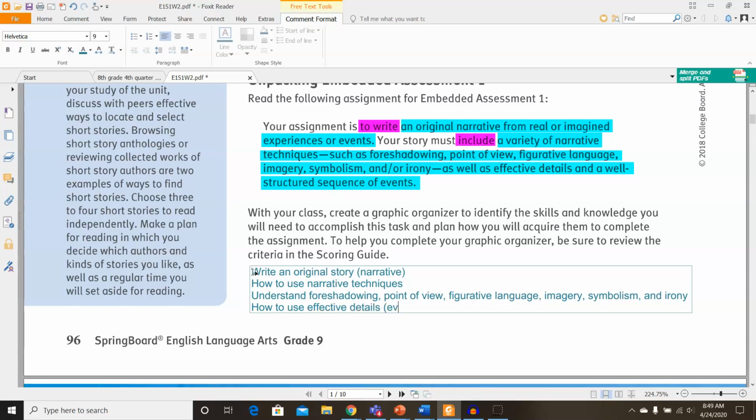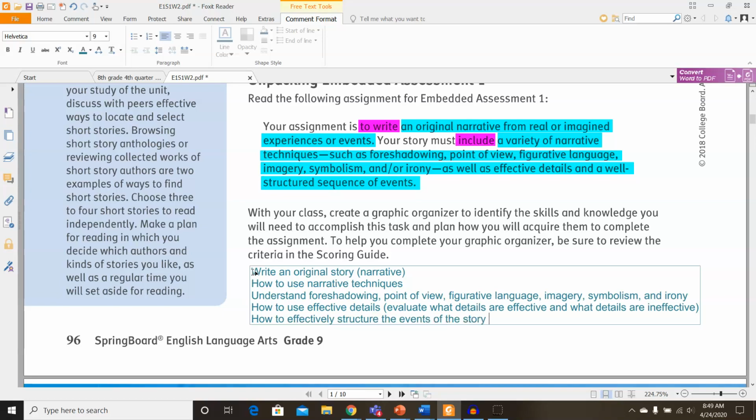So that means you'll be able to evaluate what details are effective and what details are ineffective. Meaning they don't contribute to your story and they aren't really that important to include. And I'm also going to need to know how to structure my events, how to sequence my events in a way that is effective. So these are the different things I'm going to need to know how to do in order to complete my assignment correctly, okay?